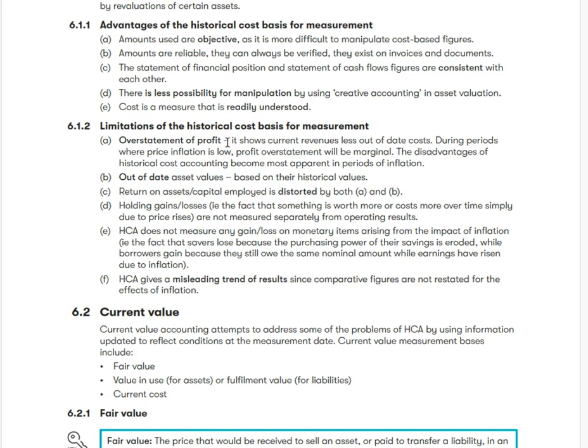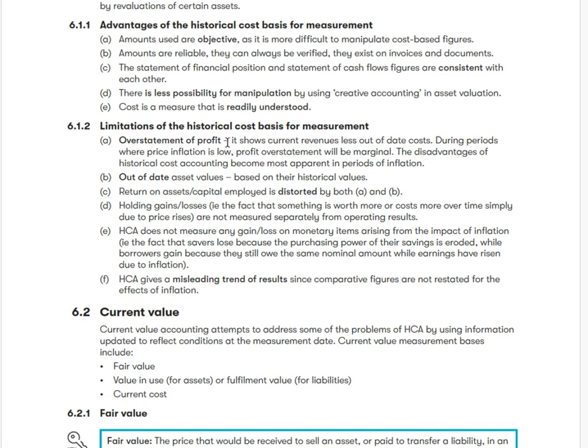This is very simple. If you are saving, you might save 1 lakh, and the 1 lakh of last year, this year the value would have gone down because the purchasing power has gone down because of the price increase.